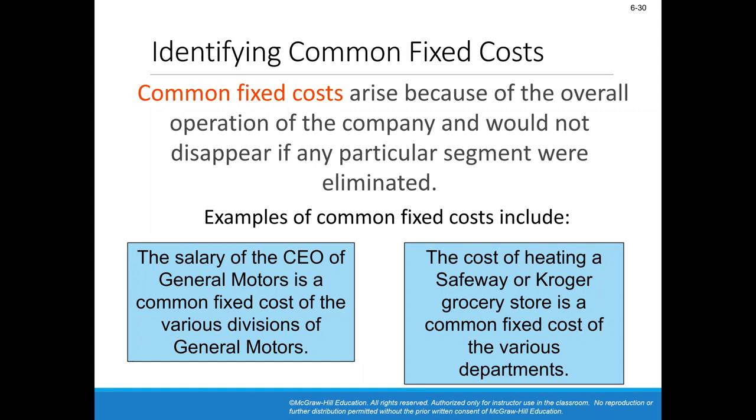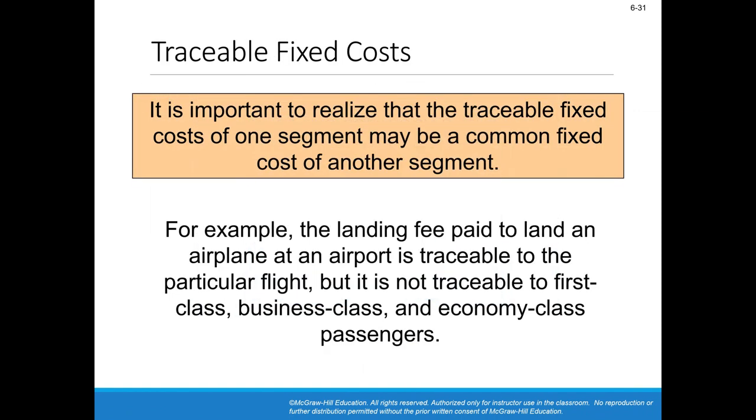So the salary of the CEO of General Motors, the cost of heating a Safeway or Kroger. It's important to realize that traceable fixed costs of one segment may be common fixed costs of another segment.